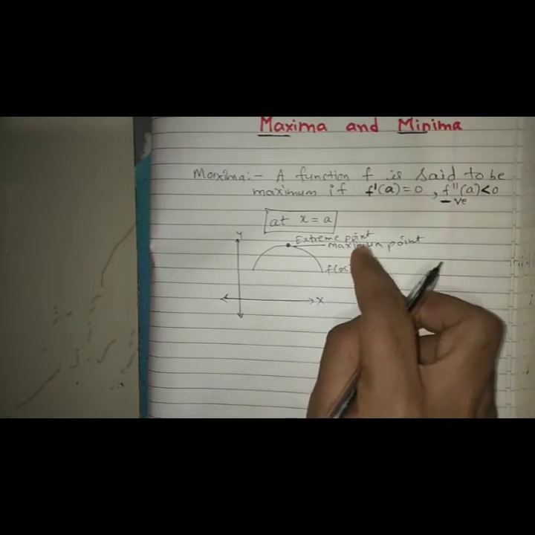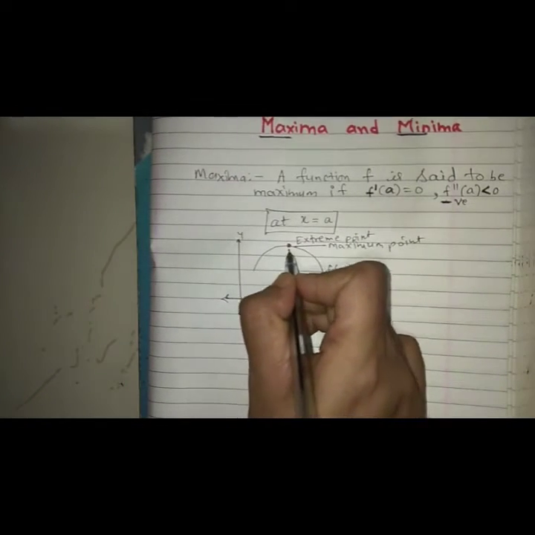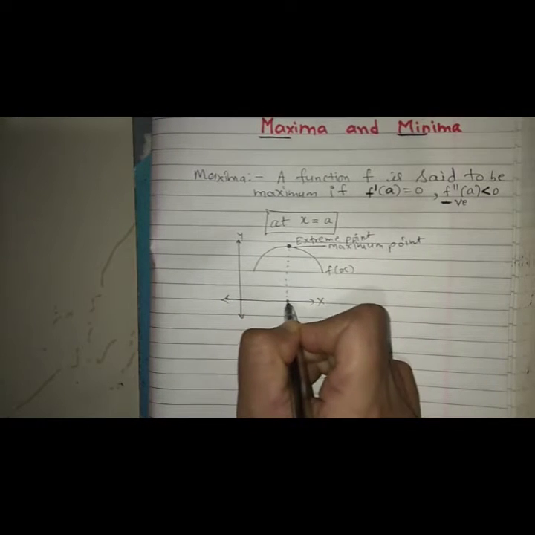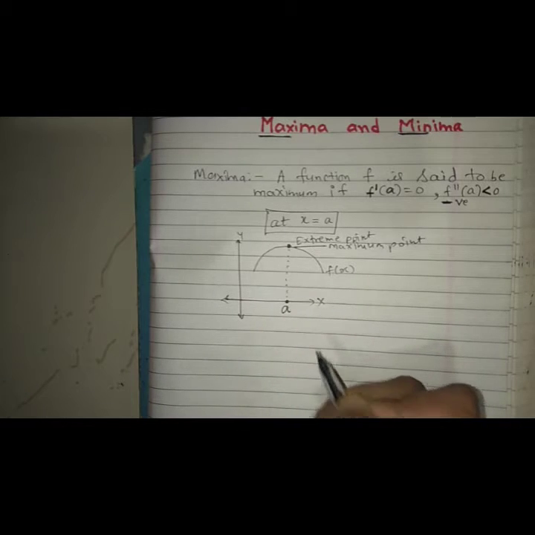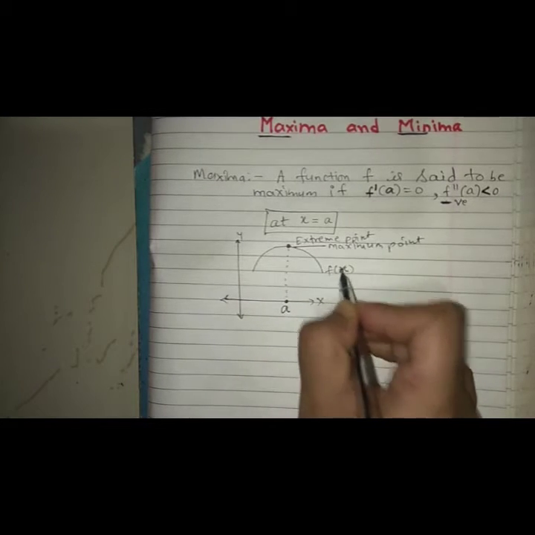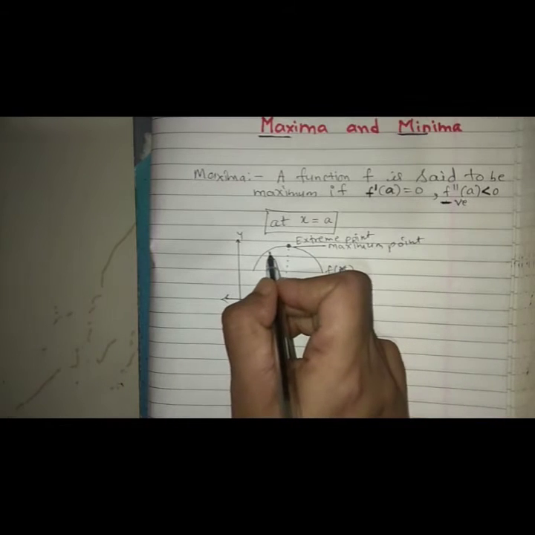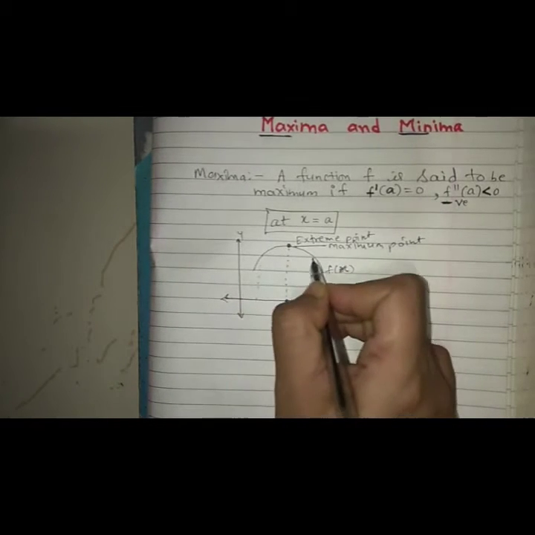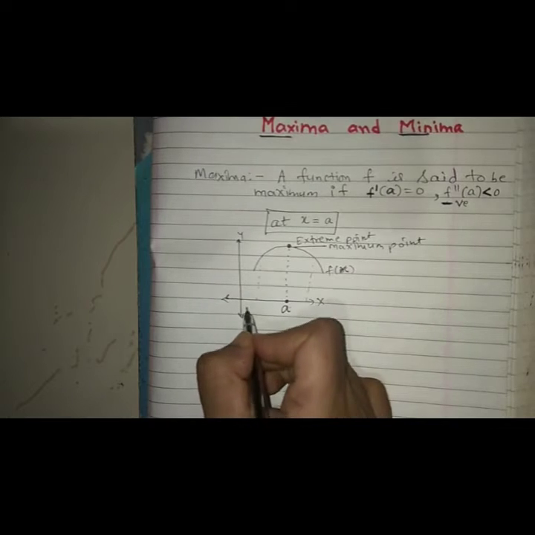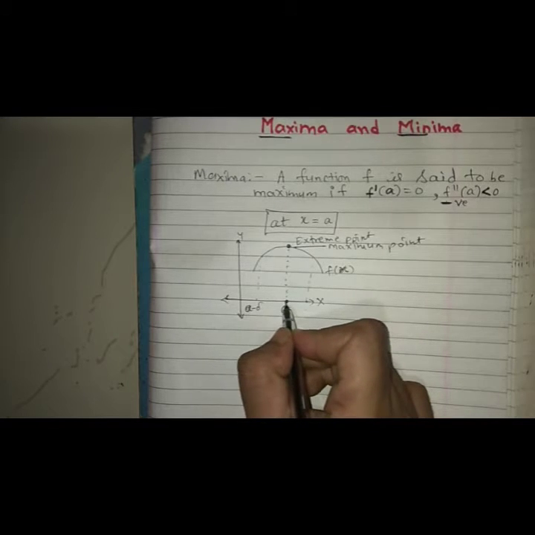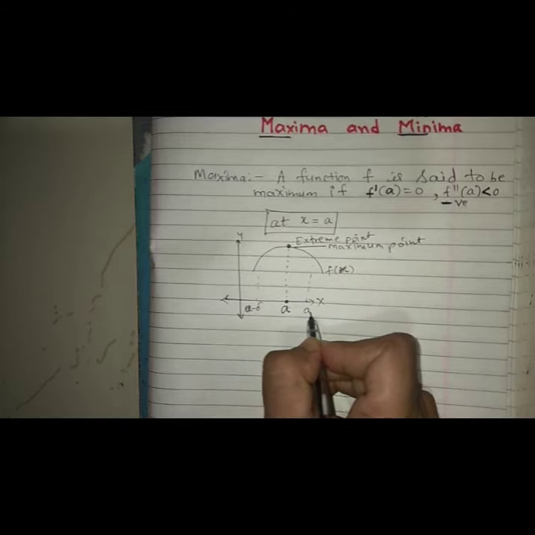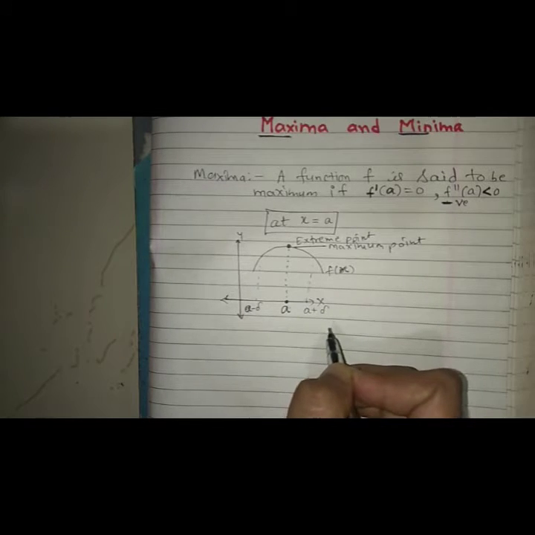Now I mark that point on the x-axis, any point a. At x is equal to a, the function is maximum. If we draw two more lines, this is a minus delta, point a is given, and after some distance we write a plus delta.